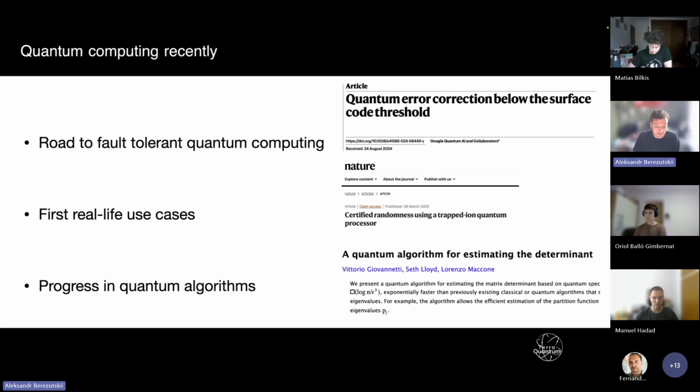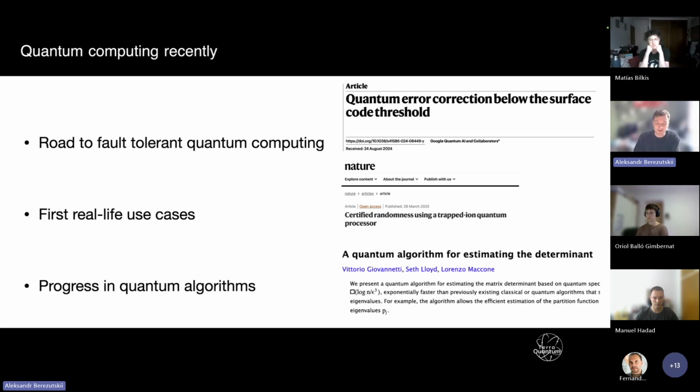Anyway, and then finally, people forget about this a bit, but I think it's an important part as well. We've also been seeing some progress in the algorithms. When we think about quantum computing, people usually think, oh, there is Grover, there is Shor, and maybe some people know about the algorithms for solving linear equations, which also provide some speed up.